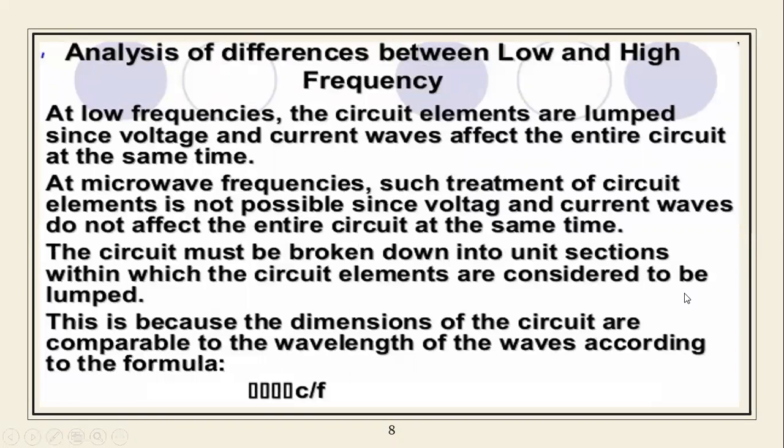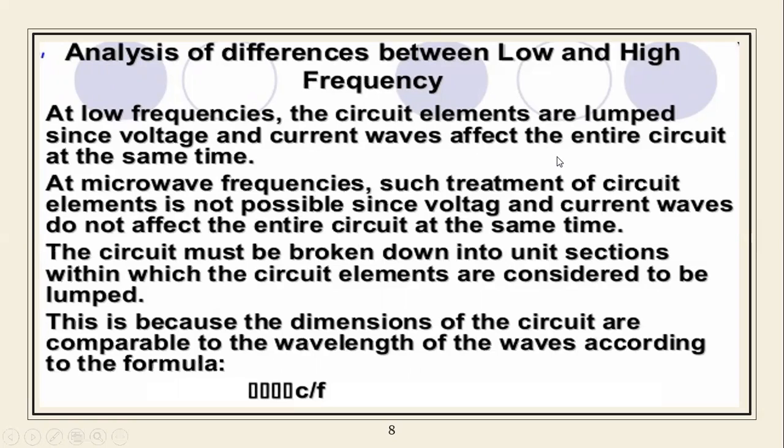Whenever you analyze the difference between the low and the high frequency ranges, we require both low as well as high range frequency. At low frequency ranges, the circuit elements are lumped, since the voltage and the current waves affect the entire circuit at the same time. What is the meaning of lumped and distributed?